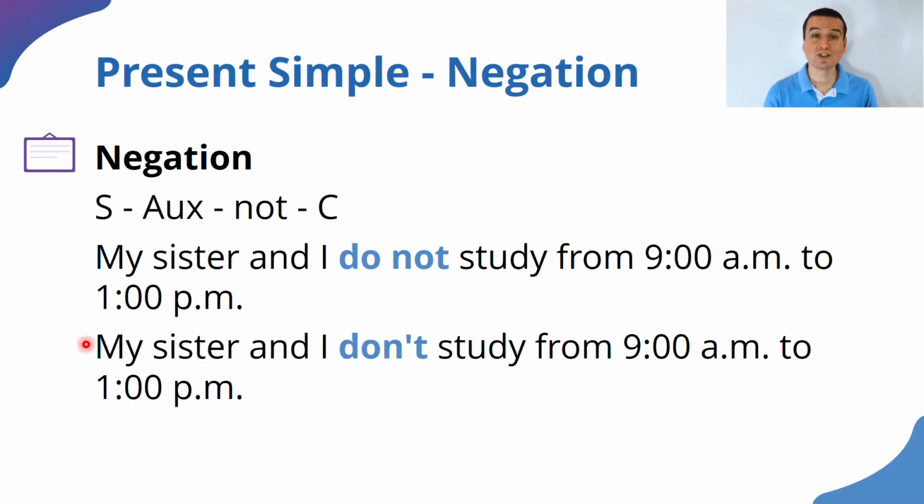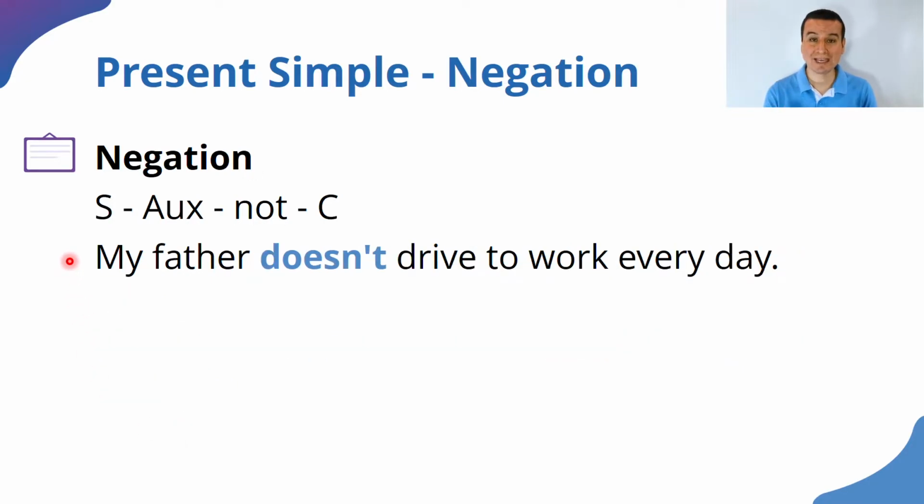We can contract do not into don't. My sister and I don't study from 9 a.m. to 1 p.m. All right? Now, when we're talking about a third person, remember that we add the s to the verb. In this case, we add the s to the auxiliary. To the auxiliary do, we add es because the word do ends in an o. After a verb ends in o, we add es.